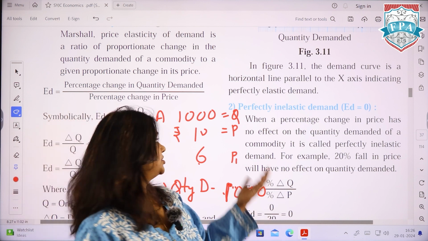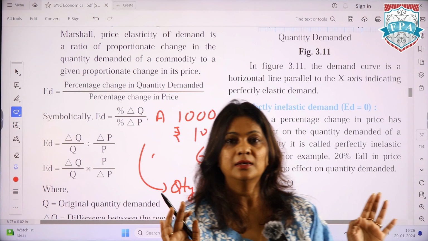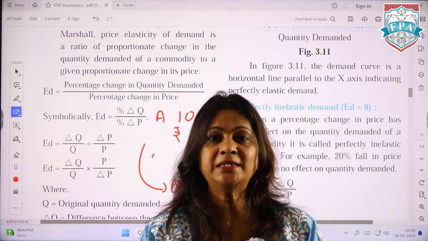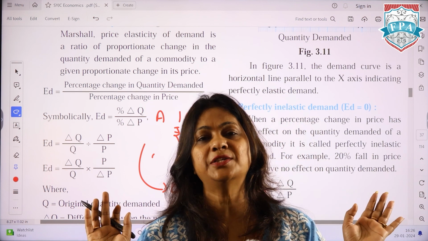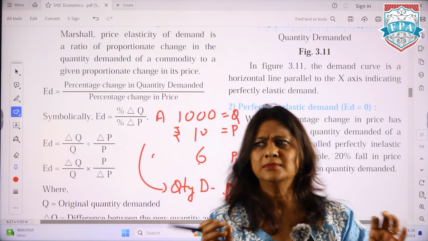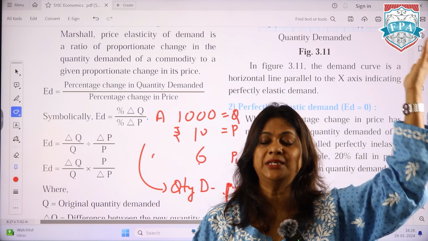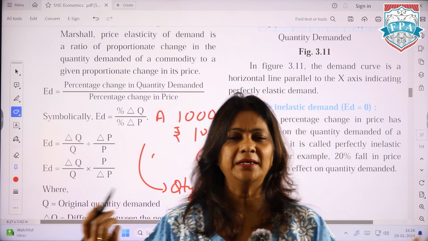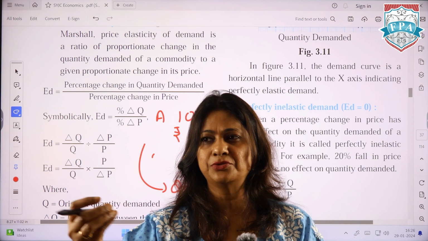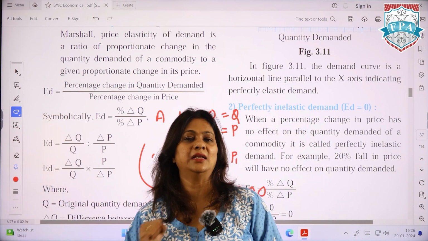What is this? The price has changed from 10 to 6, but there is no change in quantity. This means the product is absolutely non-responsive to the price. This is known as inelastic. Or if I say the price has changed from 10 rupees to 6 rupees, a 40% change, but the quantity demanded has gone up from 1000 units to some 1050, you'll say, ma'am, it is relatively inelastic.